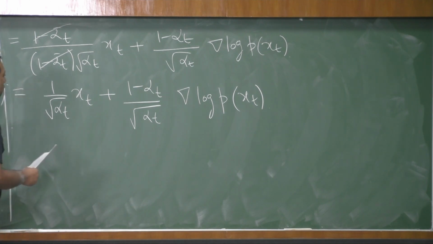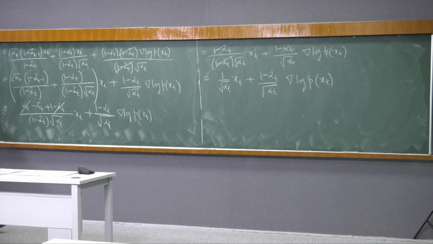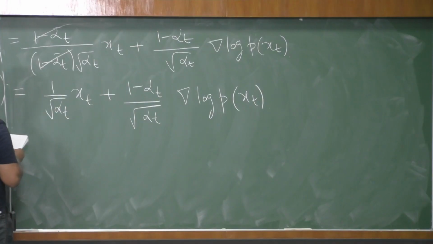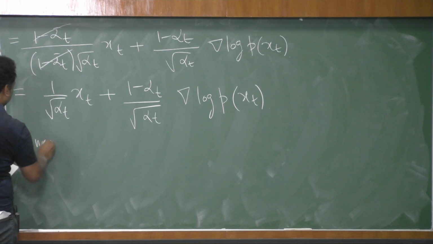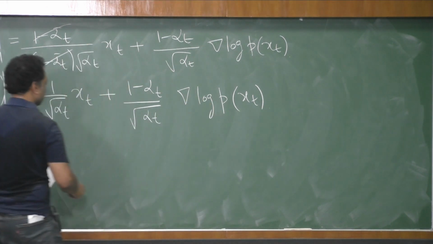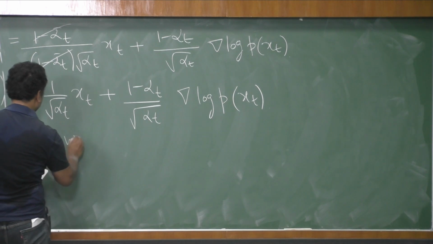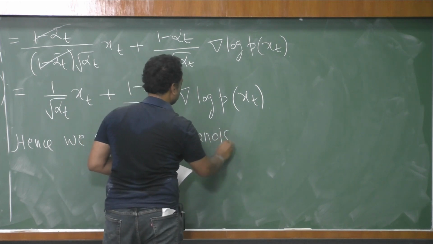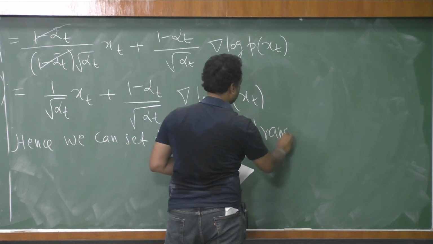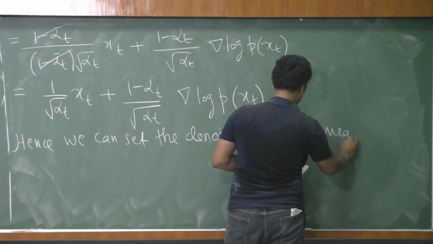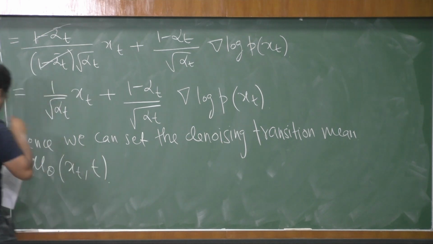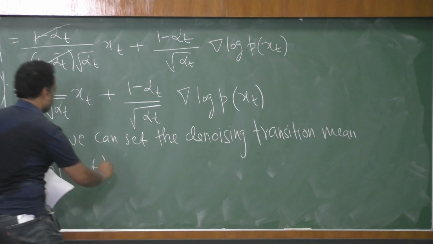And by looking at this reference, as we did in the previous cases, we will set our mu theta, the denoising transition mean. In this case we will try to predict this. So you can already guess now. Hence we can set the denoising transition mean, mu theta(xt, t), equal to this.